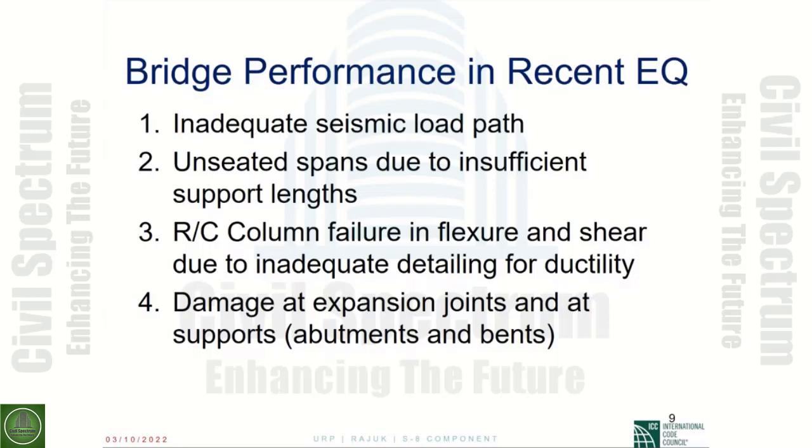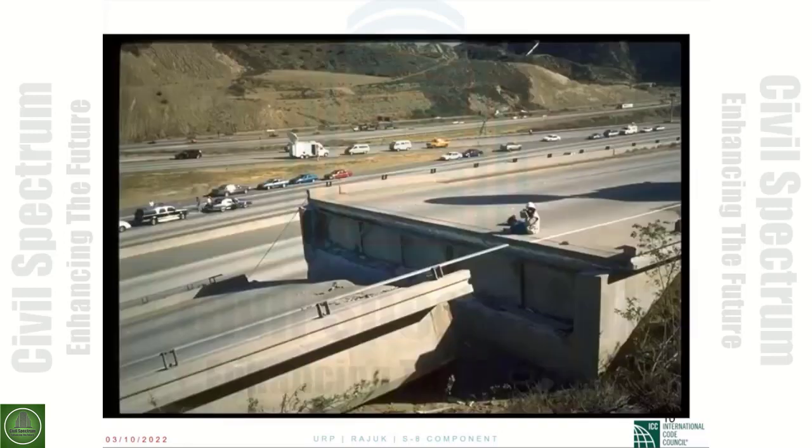And then you will see damage at the expansion joint and damage at the support locations, because this is where you tend to collect all the seismic forces down from the superstructure to the substructure. So I'm going to show you a list of photos here.